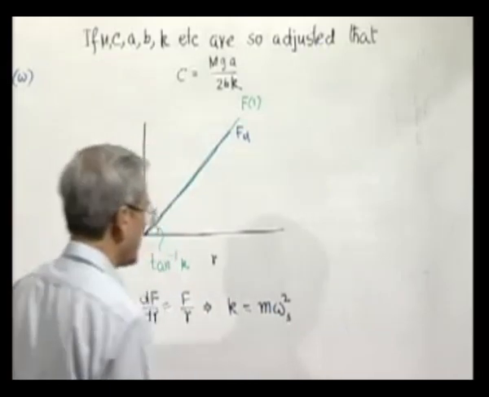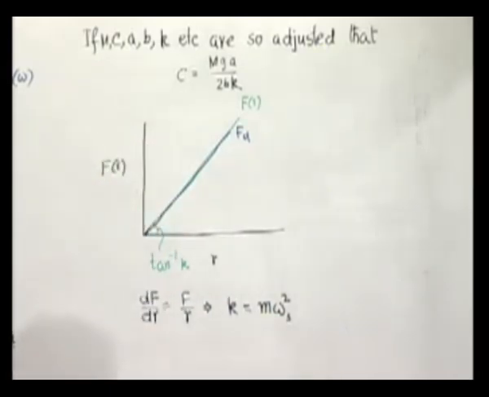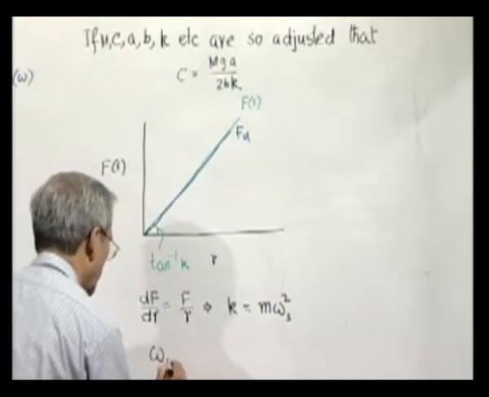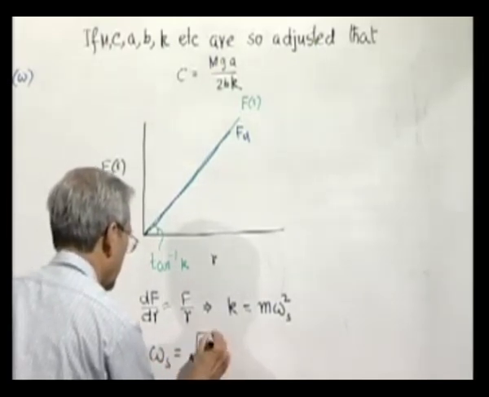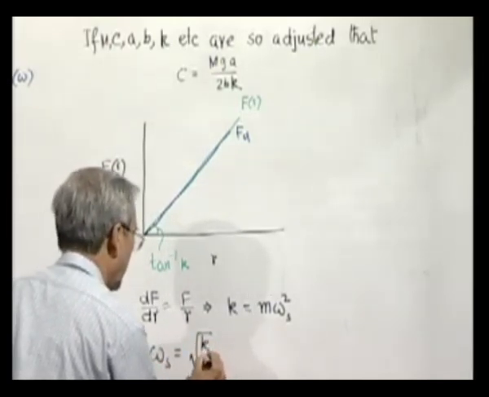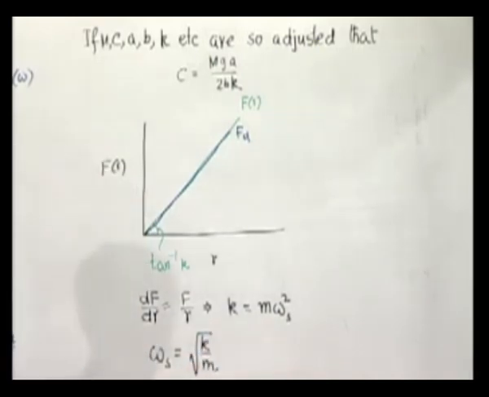This is an isochronous operation, so we call it omega s. And so the isochronous operation of this is achieved, and the isochronous speed is given by this quantity.